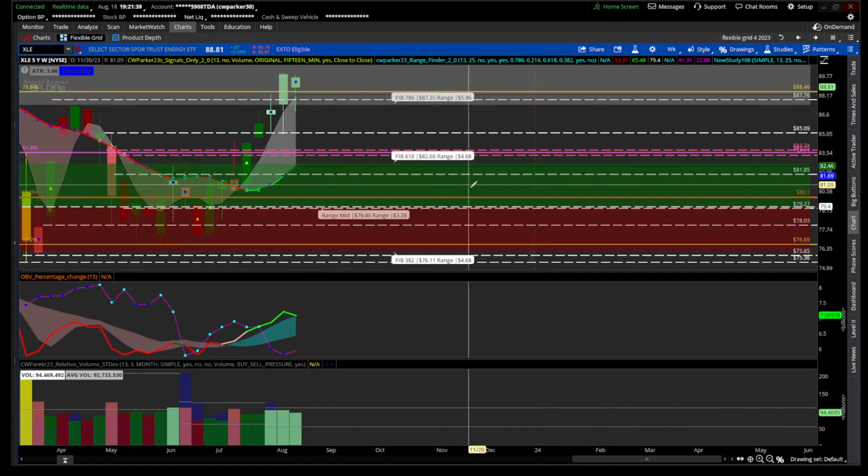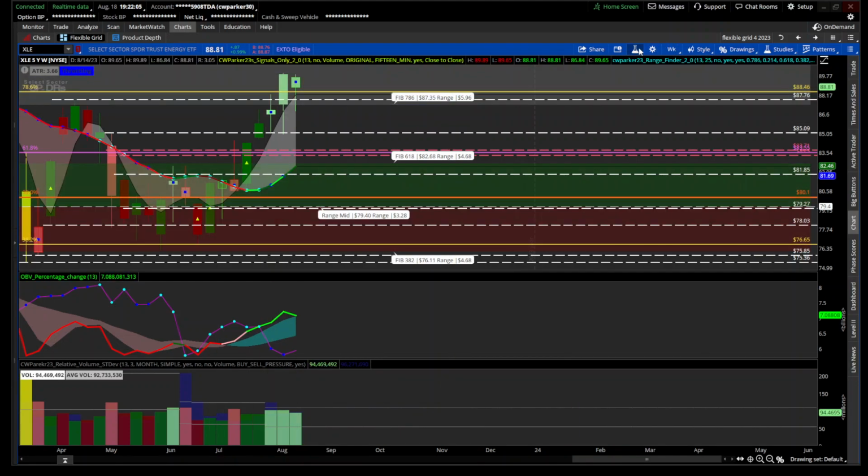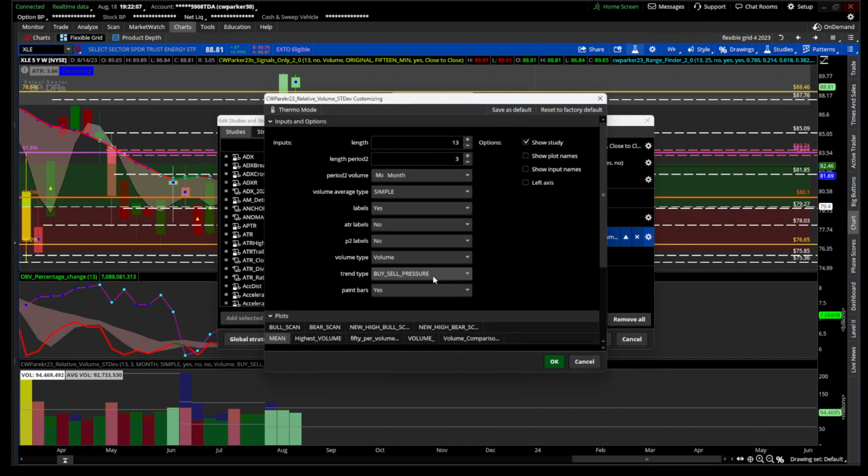With my buy sell pressure trend, as long as the closing price is greater than half of the high and low range of the candle, I consider that buying pressure, and I consider it bullish. Vice versa, if the closing price is below half of the range of the candle, I consider that bearish. But that's what that green cloud is showing you. For the most part, when it comes to trend, I usually use close to close.